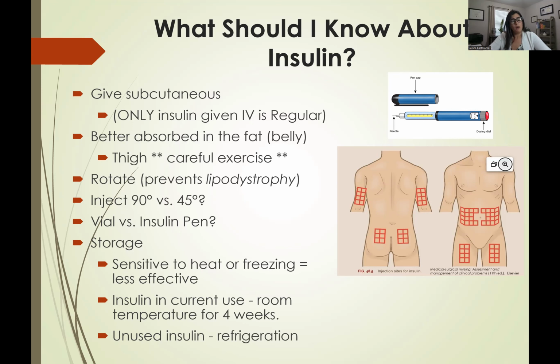When patients are sick, you have to, in a way, adjust their insulin schedule, or you have to educate them. So, whenever they're sick, they never want to skip a dose. You want to monitor their blood sugar and see if they need more or less. For example, if they're going through a lot of stress or an infection, they might need a little bit more insulin.